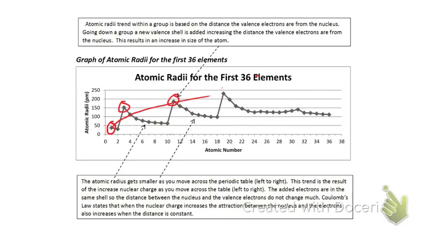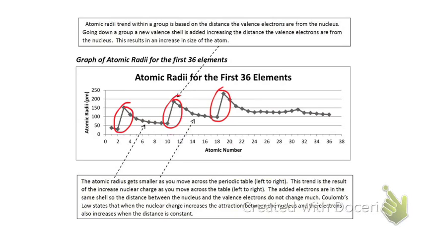So why is the radius increasing as we move down a group in the periodic table? Okay, why is it happening? Well, you'll notice that from group to group, there's a large jump in size. Okay? And what could that large jump represent?